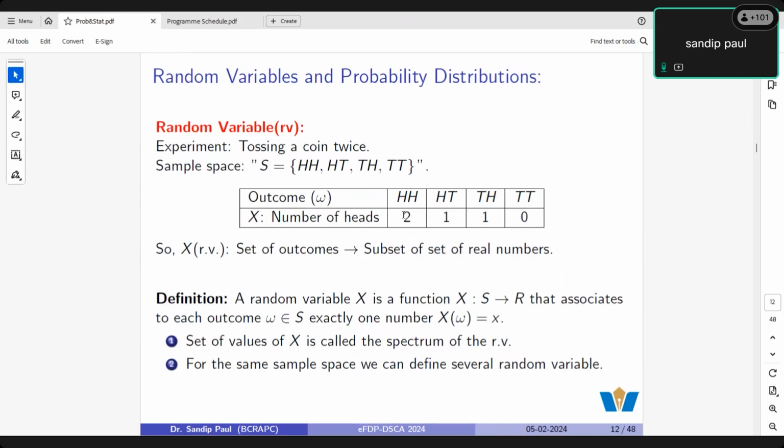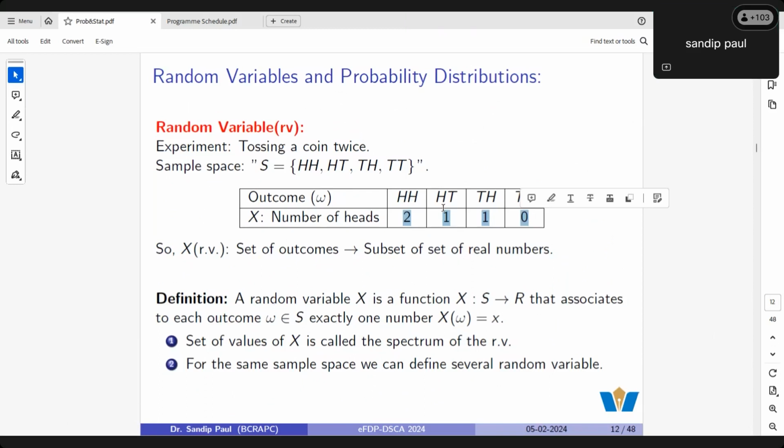So this set of values is called the spectrum of the random variable. You can say these are real numbers. This is the spectrum of the random variable X. So if we define the random variable properly, a random variable is a function from the sample space S to the real numbers.